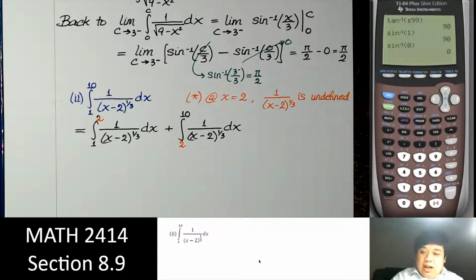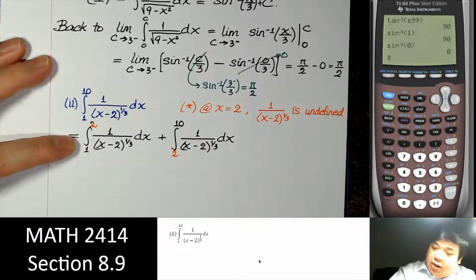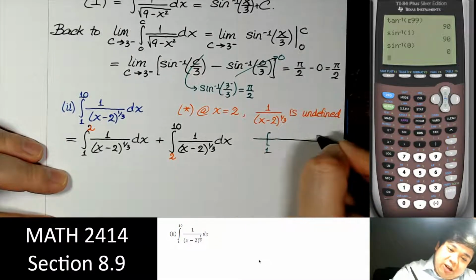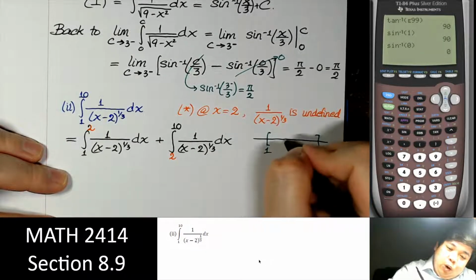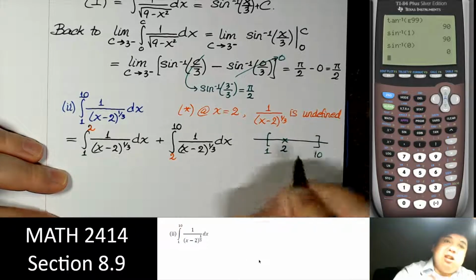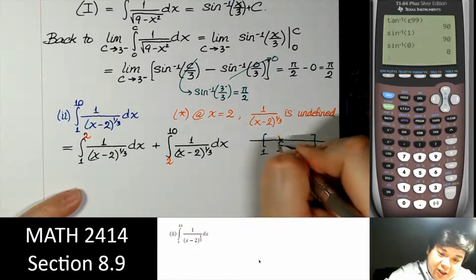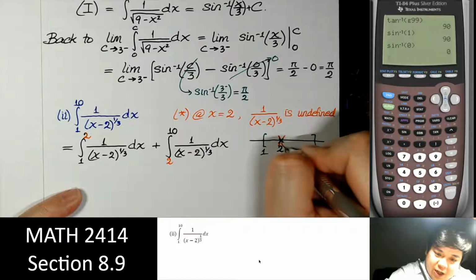Normally we split at 2, so let me write it out here. We want to integrate from 1 to 10. We know for sure 2 is the problem. So what we do is we have to split. We cannot take 2.